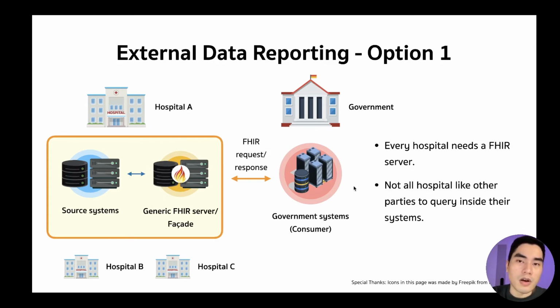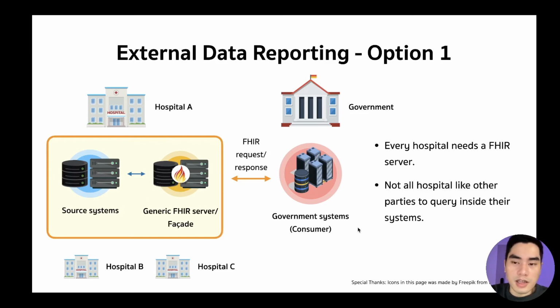But maybe not all hospitals have the capability to maintain a FHIR server of their own. And moreover, some hospitals might not want other people to query inside their network, or to query whenever that person wants. So they want to have more control over their data.